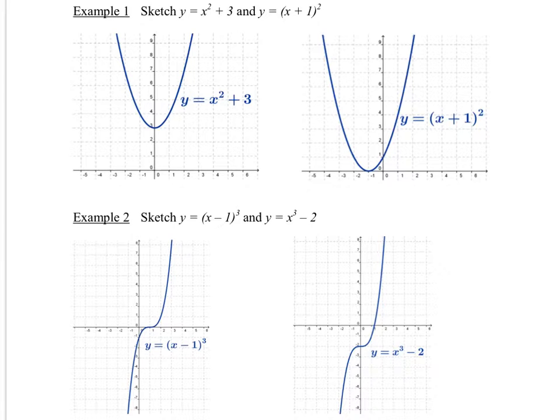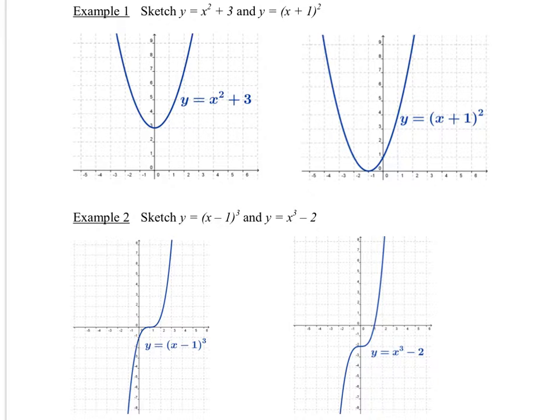Now if instead you have an x cubed thing that's been transformed. Remember, x cubed kind of was a squiggle starting off bottom left, going through 0, 0. There was a kind of strain, we call it a point of inflection, where it stops being unhappy and starts being happy at 0, 0.